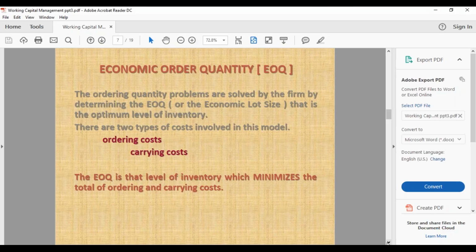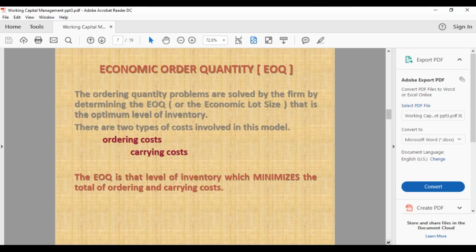There are two types of costs involved in this model, which are ordering costs and carrying costs. The economic order quantity is the level of inventory which minimizes the total of ordering and carrying costs.